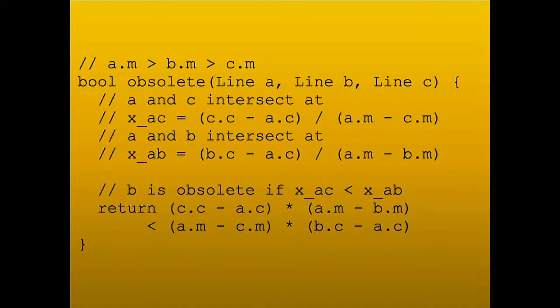So the logic is, let's say this is A, this is B, and this is C. We find the intersection point of A and B, and the intersection point of A and C. If the intersection of A and C is to the left of A and B, then we know that this line is actually useless. But if this is to the right, that means this line is actually still optimum for a bit, and then it goes down. Does that make sense?